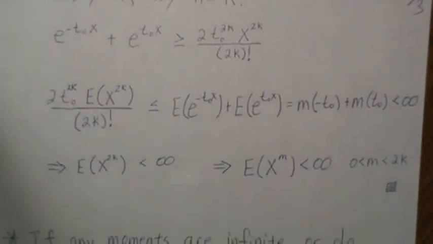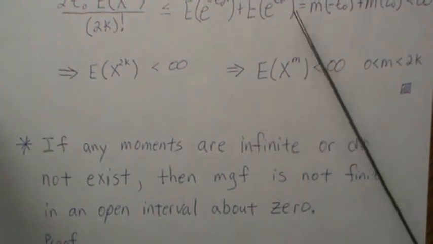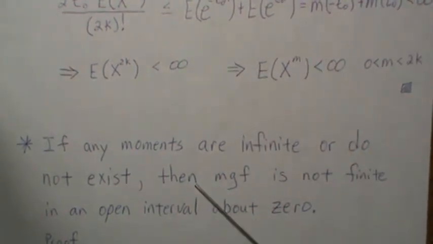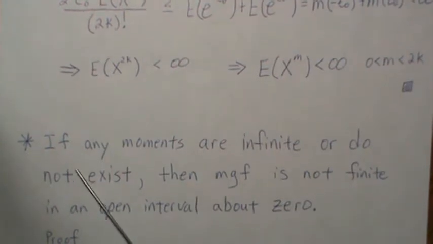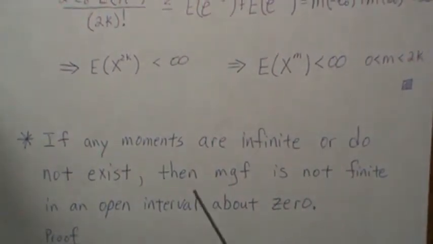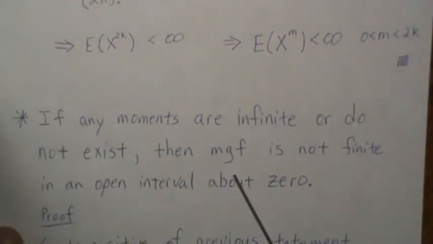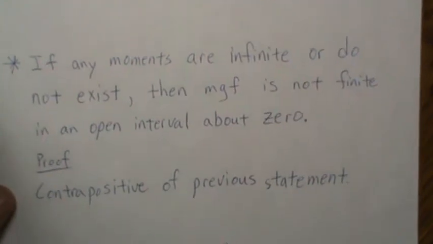So there's only one other point: the contrapositive of this is also true. Since this is true, the contrapositive is true. And it says if any moments are infinite or do not exist, then the moment generating function is not finite in any open interval about 0.